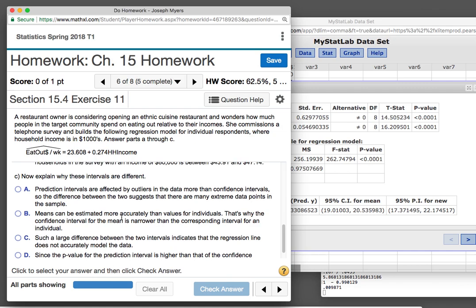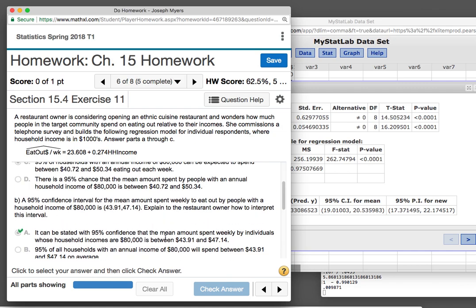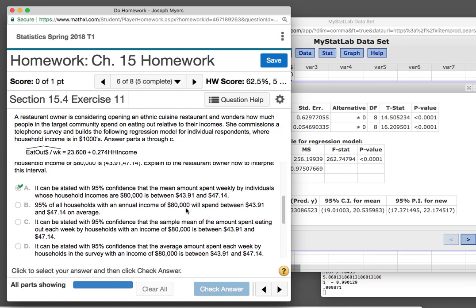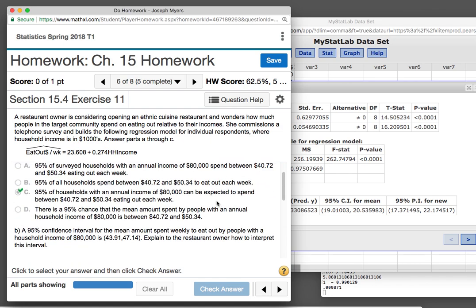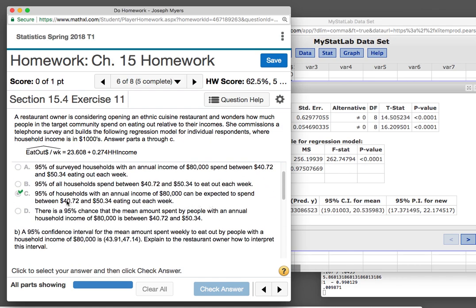The intervals are different because when you're doing an interval for the average of everybody, it's always a lot narrower. So $43 to $47. That's only a variation of less than $4. But if you're talking about one household, it's a range of between $40 to $50, which is a variation of almost $10.